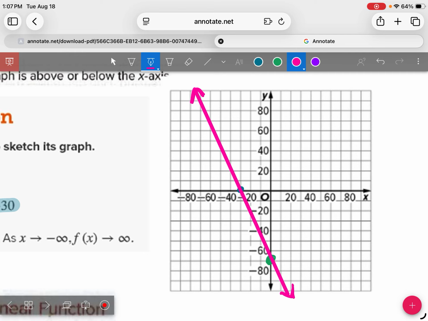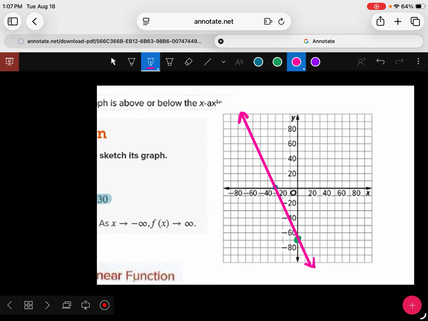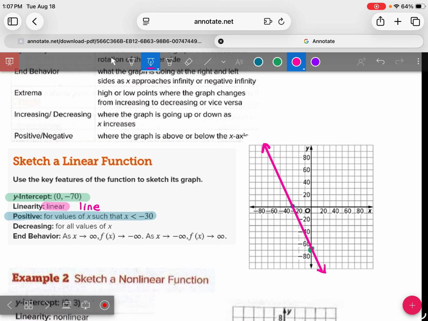You don't have to go all the way to the edges of the paper. I mean, you can if you want to, but we're going to go all the way to the edges of the graph whenever we're graphing. That gives us enough information to see what we need to see. So we're going to plot up the information we know, see what we can see, and double check with everything else.